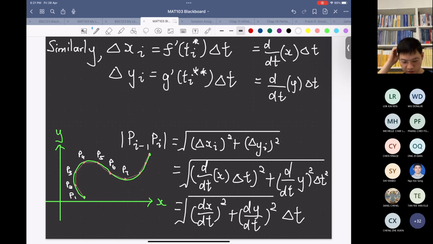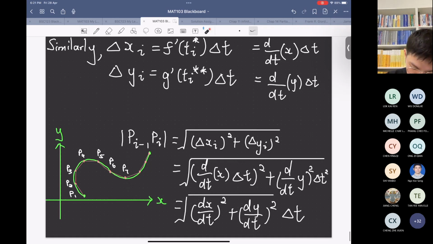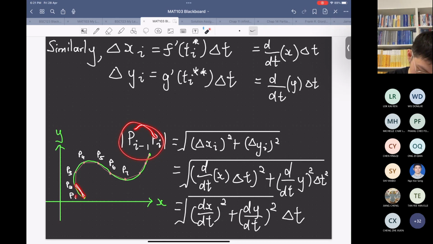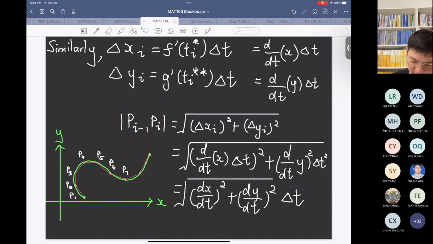Okay. So this is the length of a piece from P1 to P2. It's the straight line from P1 to P2 or P2 to P3 and so on, for all i, multiplied by delta t.